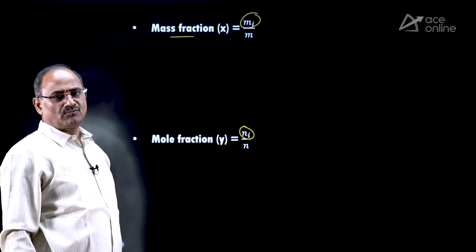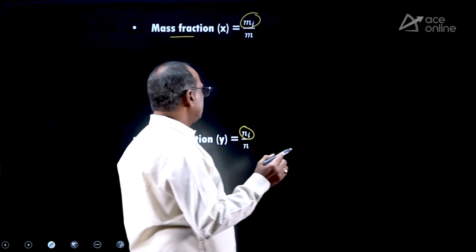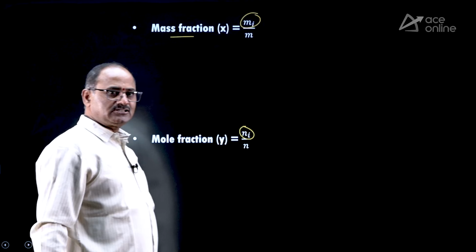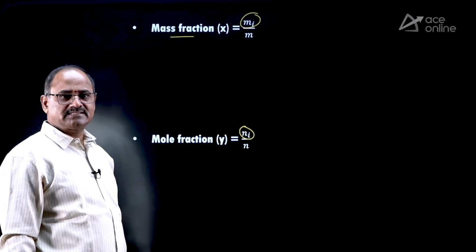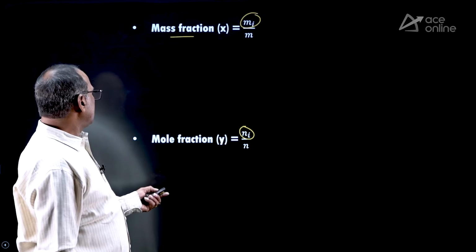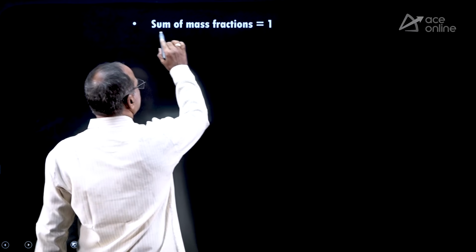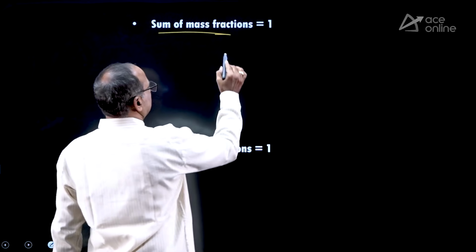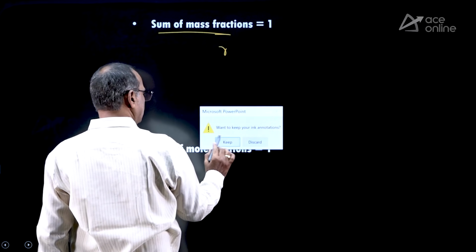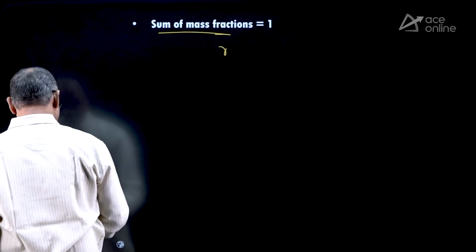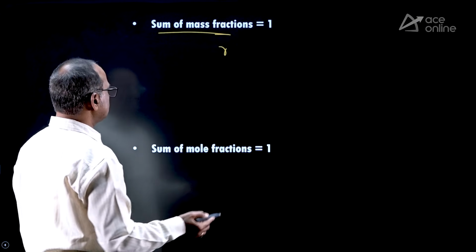Dear friends, remember here the mass comes under extensive property, and the total number of moles also comes under extensive property. Another important point is the sum of the mass fractions equals 1, and the sum of the mole fractions also equals 1.